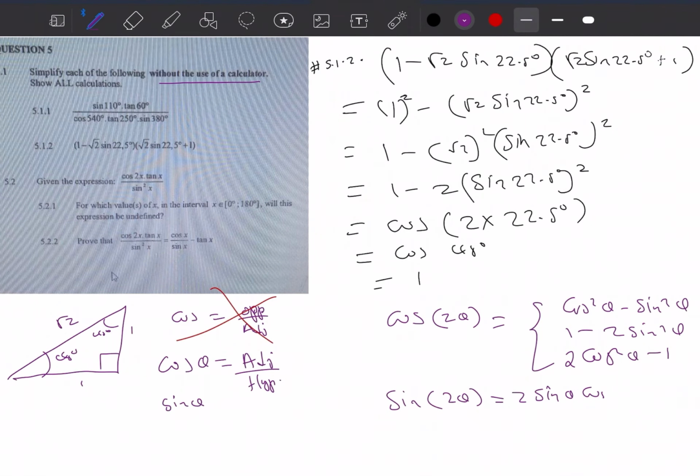Cos theta is adjacent over hypotenuse. Sine theta is opposite over hypotenuse. Tan theta is opposite over adjacent. This is correct. Please don't forget that.